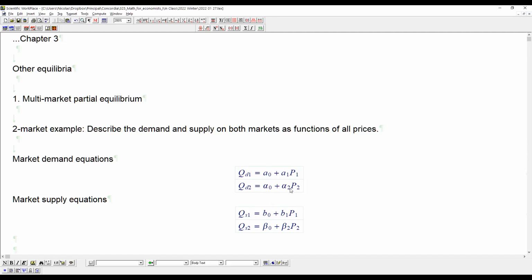So what can I do for this? What I would like maybe is to express the fact that one product is maybe a substitute or a complement of the other product. So I would need to have that the quantity demanded on the first market be both a function of its own price and also a function of P2. How would I write this? Well, I just add a second coefficient there, A2.